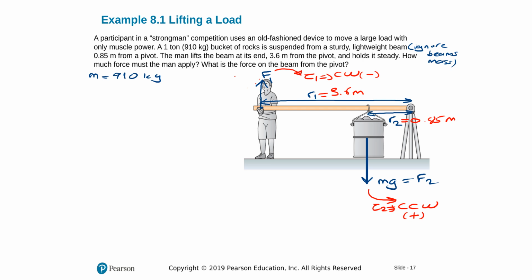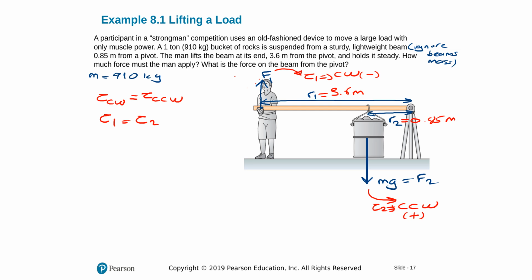I don't need to show plus and minus here since we have an equilibrium. Steady beam, not rotating, means tau clockwise, I would add all the clockwise torques, and equate it to tau counterclockwise. I would add all the counterclockwise torques and equate them to each other if I had more, but in this case I have only one clockwise. Tau 1 is equal to one counterclockwise, tau 2, and that's it.